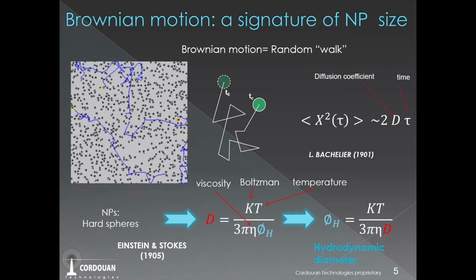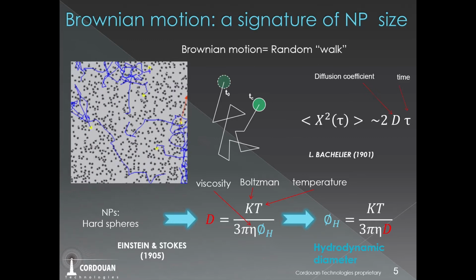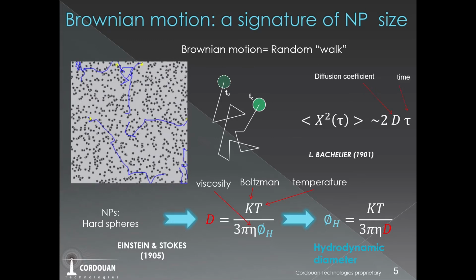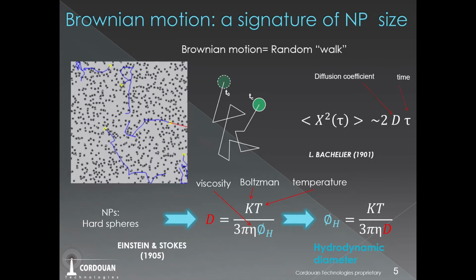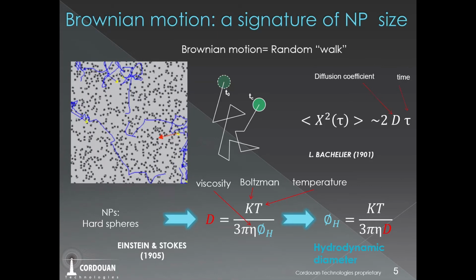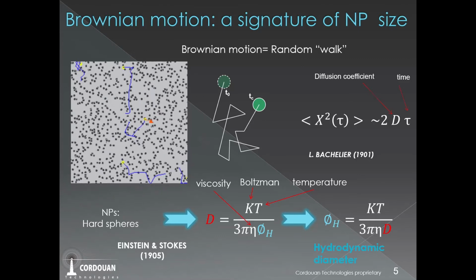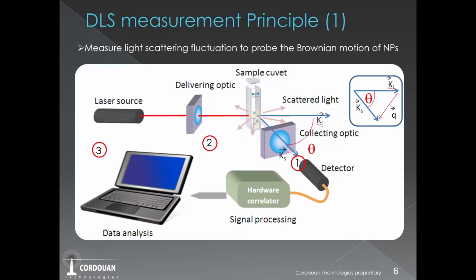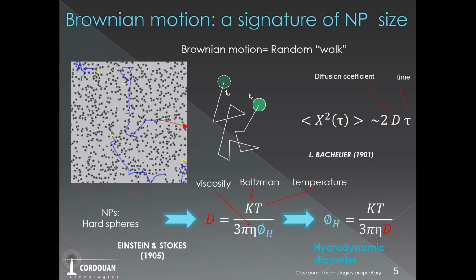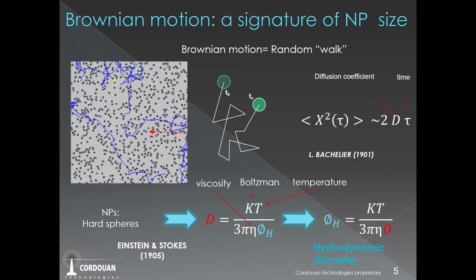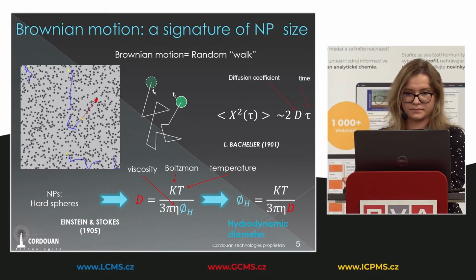Thanks to an equation established in the beginning of the 20th century, from tracking the motion we can calculate the diffusion coefficient of the particle, and using this diffusion coefficient we can calculate the hydrodynamic diameter of the particle.